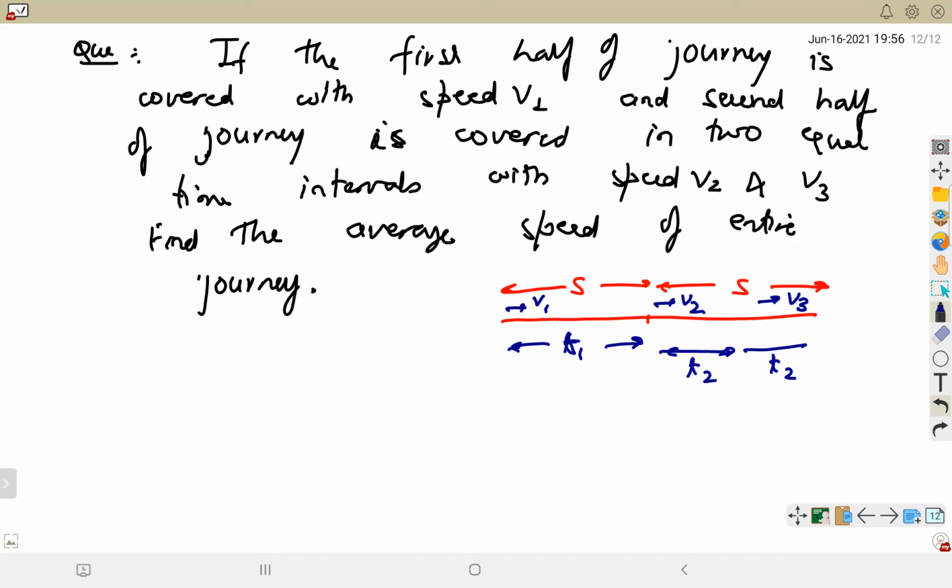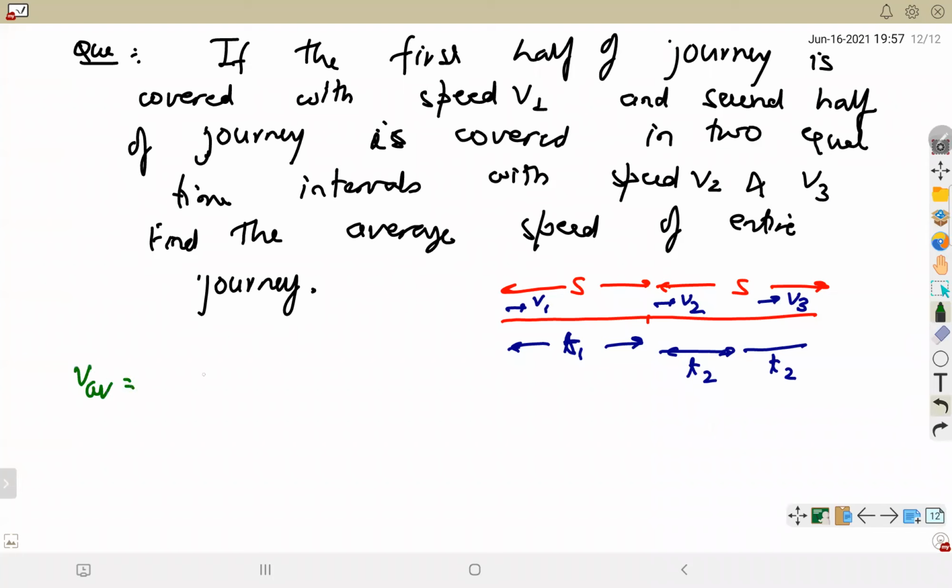I will just give the hint: for the first part we take the time t1. In the second half the total time is 2 t2; in the first t2 the speed is v2, and in the second t2 the speed is v3. Please take your time and solve this question. It will be like the previous one, but a little tricky, as we have to involve both together.